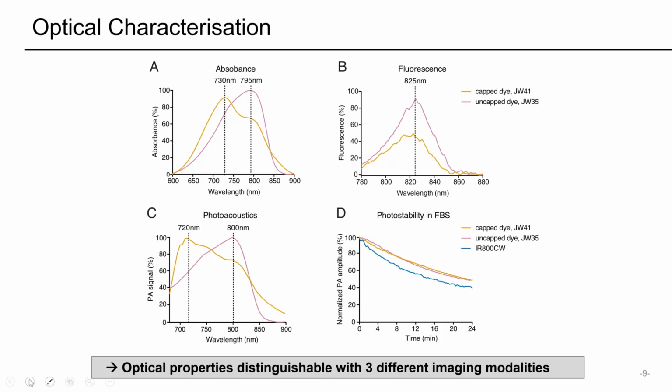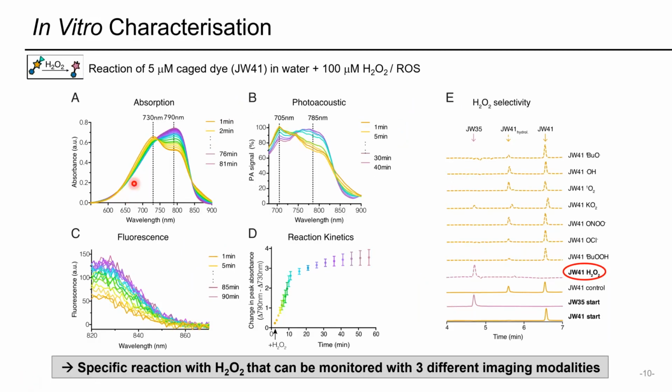So having found this, we then investigated if we can actually monitor the reaction of the capped dye with hydrogen peroxide into the uncapped dye, by using pathological concentrations of hydrogen peroxide. And as you can see here, we always started with the yellow absorption profile corresponding to the capped version of the dye and incubated it with hydrogen peroxide, and you could see that the spectrum converts into the purple spectrum.